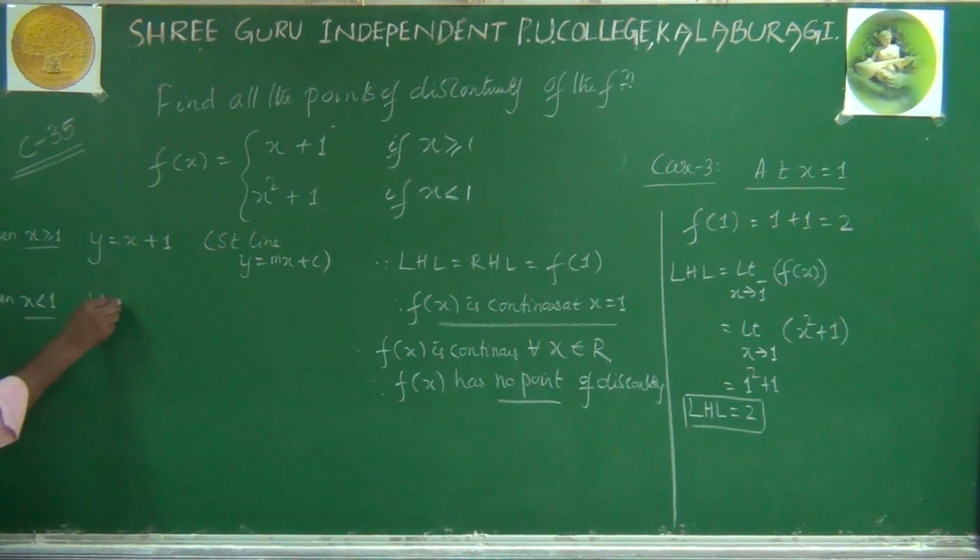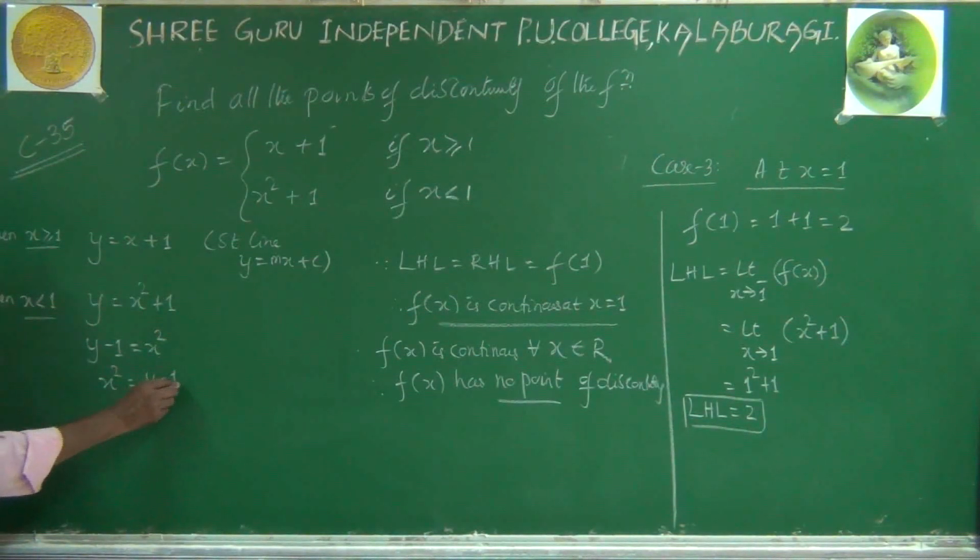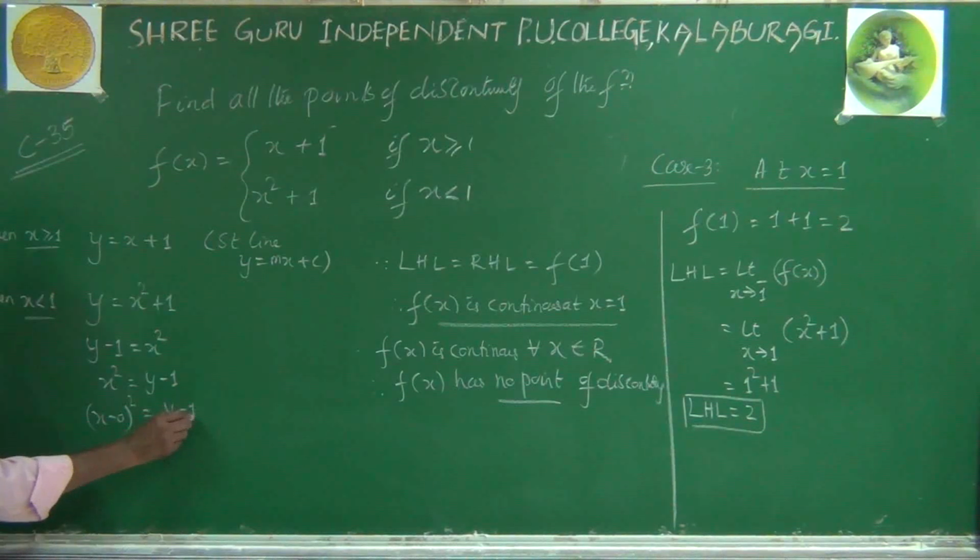Next, when x is less than 1, y equals x square plus 1, and sure it is not a straight line because the degree of x is more than 1. It can be written as y minus 1 equal to x square, or x square equal to y minus 1, or x minus 0 whole square equal to y minus 1.